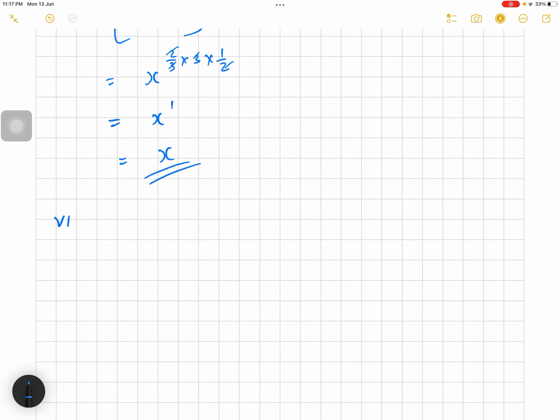Let's come to the next problem. x raised to 1 by 2 plus y raised to 1 by 2 into x raised to 1 by 2 minus y raised to 1 by 2. Is it a plus b, a minus b?